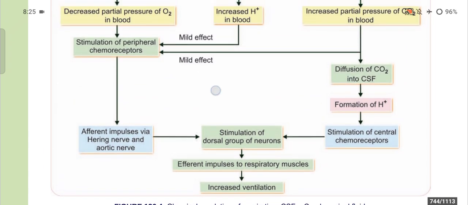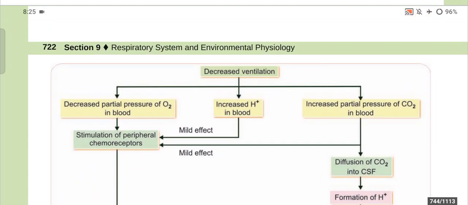So if you see the diagram, the figure shows increased ventilation, which is found in three cases or three stimulants: decreased partial pressure of oxygen in the blood, increased hydrogen ion concentration in the blood, and increased partial pressure of carbon dioxide in the blood.